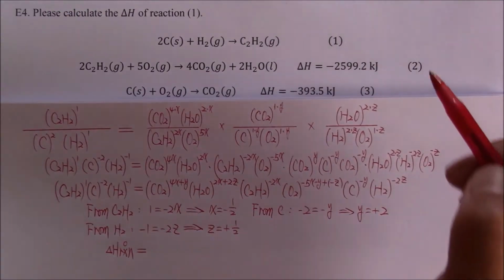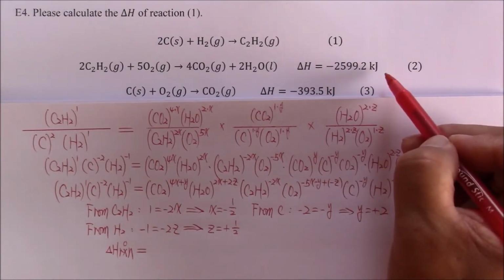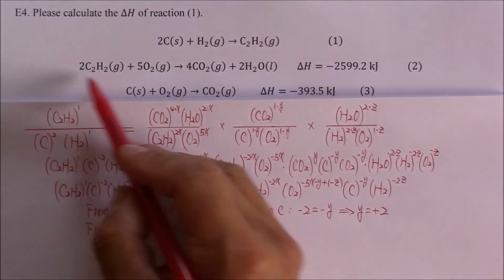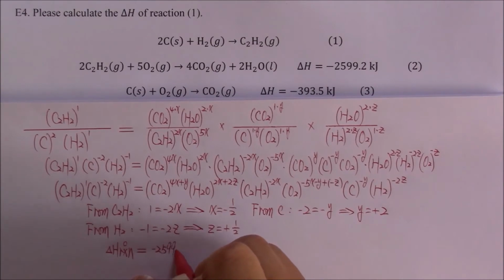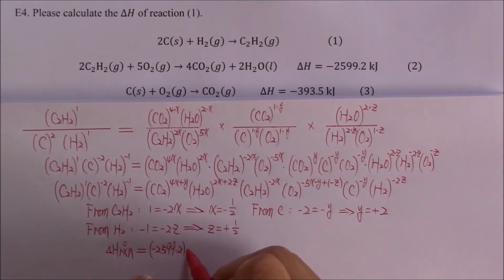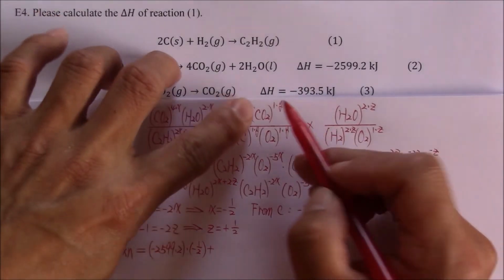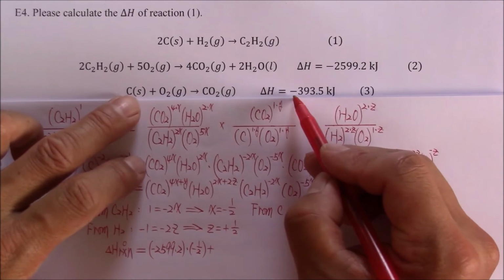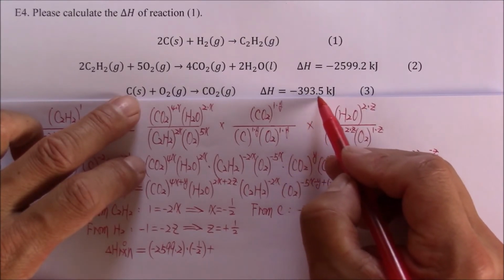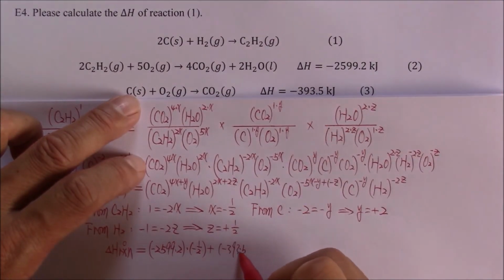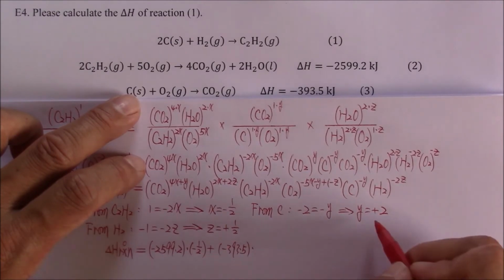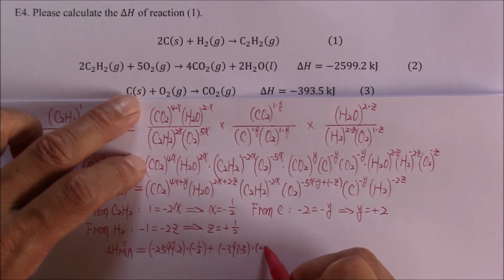Delta H1 should be this one because we assign X for this equation. X is equal to negative half. We multiply negative half. Delta H2 should be the delta H here, which is negative 393.5. Multiply Y, which is equal to positive 2.